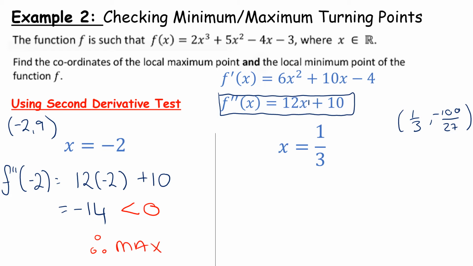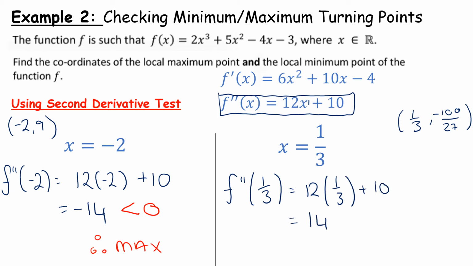We should then find that when we do the same thing here, we get that it's greater than 0. So it's 12 times 1/3, which is 4, plus 10, which is 14, which is greater than 0, and therefore a minimum point.